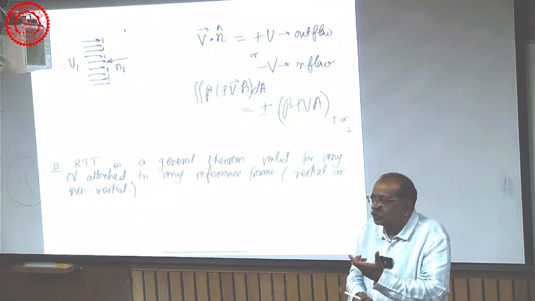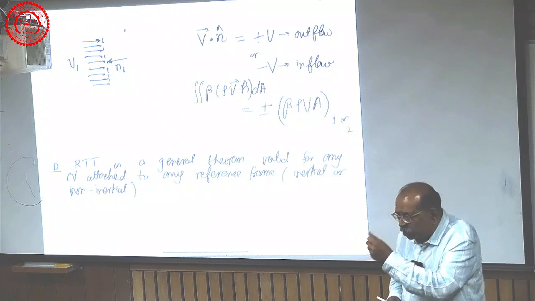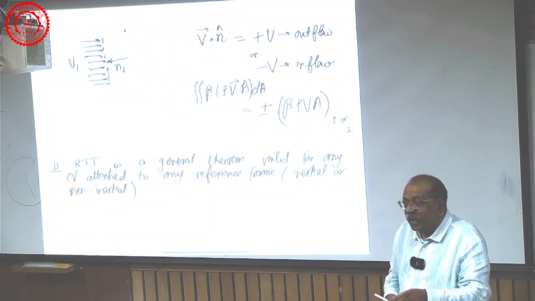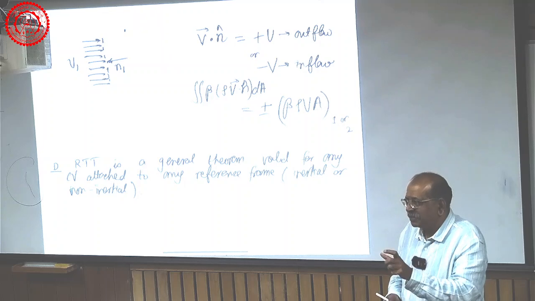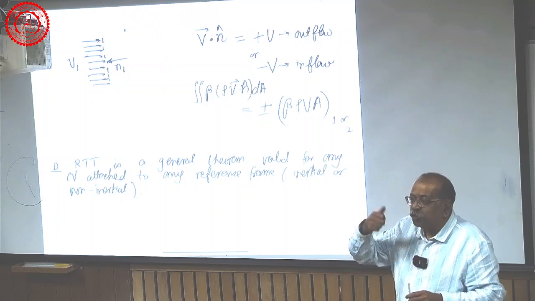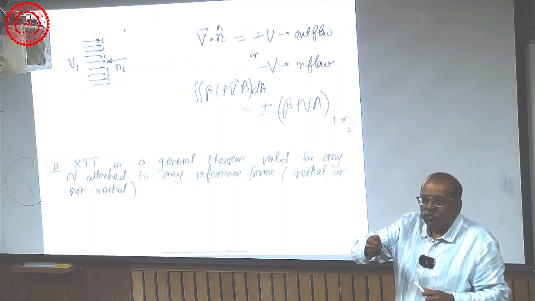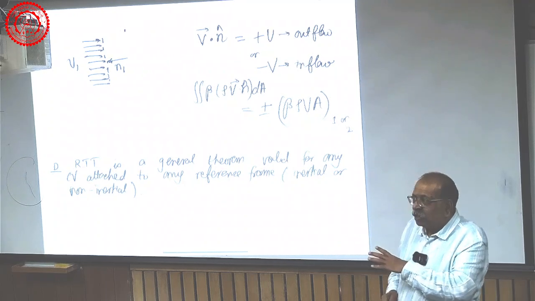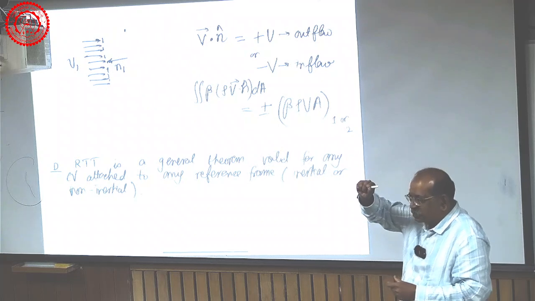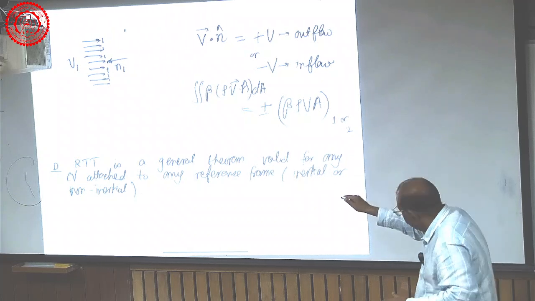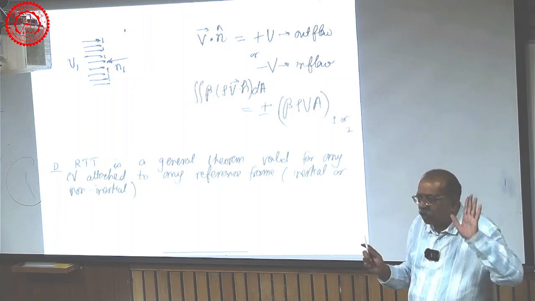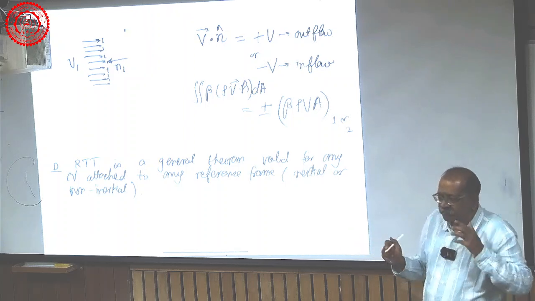But when I use this equation, that rate of change of linear momentum is equal to the sum of external forces, then I will get a constraint. And the constraint will come from Newton's law, that Newton's law is valid only with respect to an inertial frame. So, the constraints will come from the laws of physics, not from the control volume. Reynolds transport theorem does not provide any constraints.